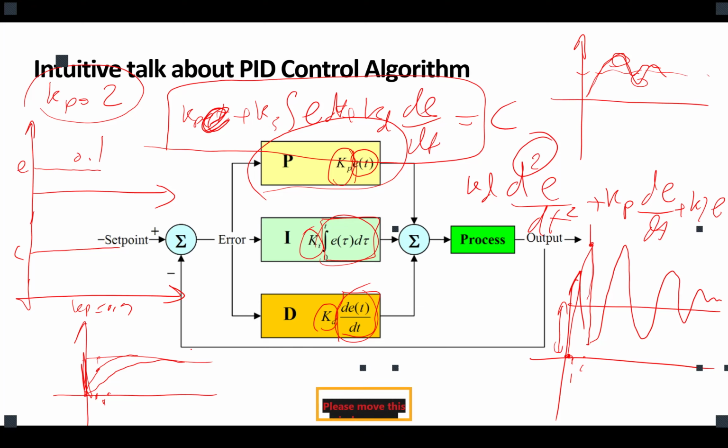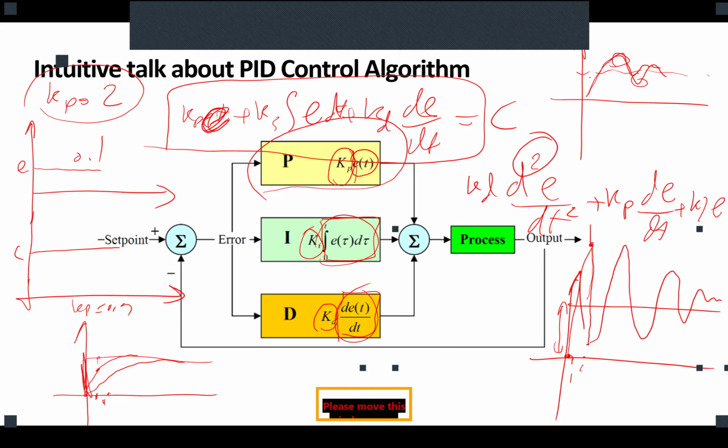Okay, let's look at the values. Okay, we said we have, let's say this is our residual and this is our set point. Okay, we have a residual.